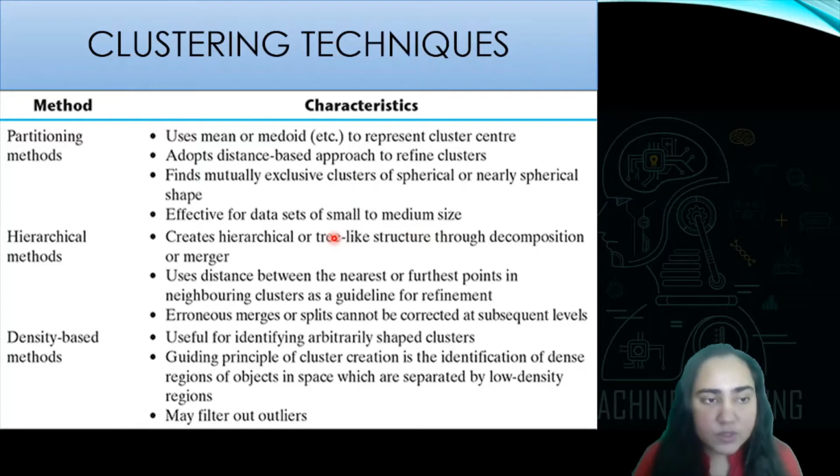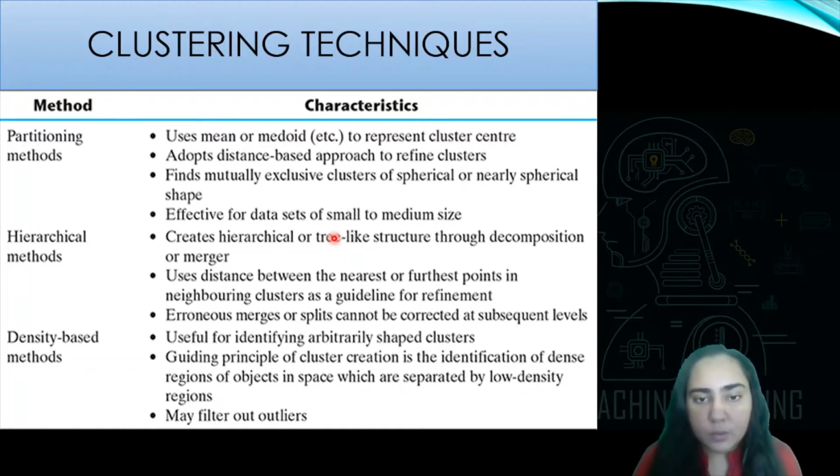The next one we saw was hierarchical methods, which creates a hierarchy or a tree-like structure by decomposition and merger. So here clustering is happening by creation of a tree. You begin with a root node, try to separate the root node into two different clusters, then separate those two clusters into more clusters.